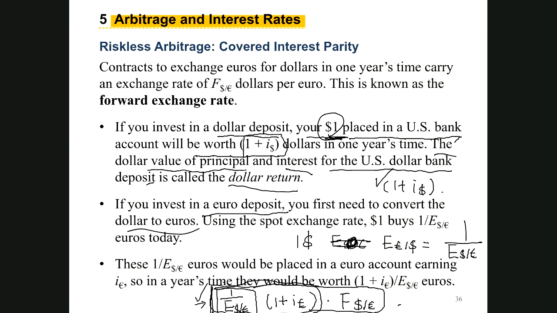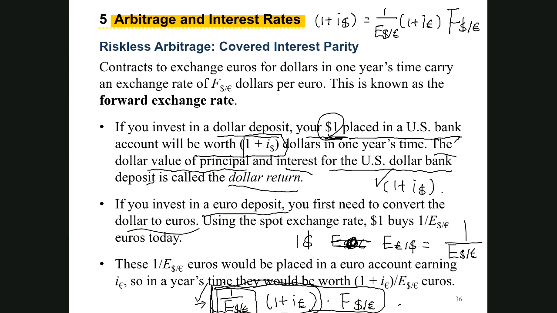So 1 plus, if you deposit $1 in the US, that's supposed to equal what you get if you deposit $1 in the Euro bank, like this, right?